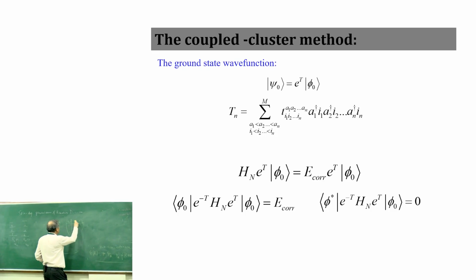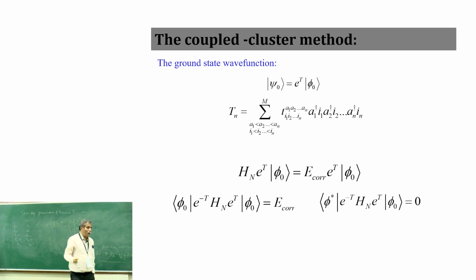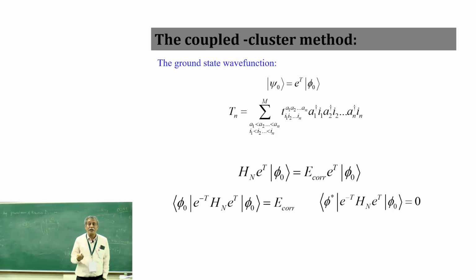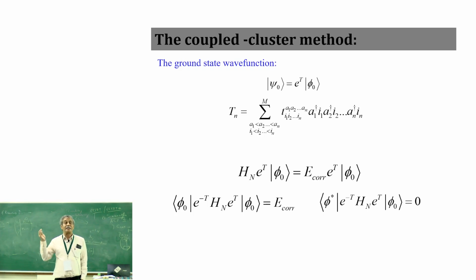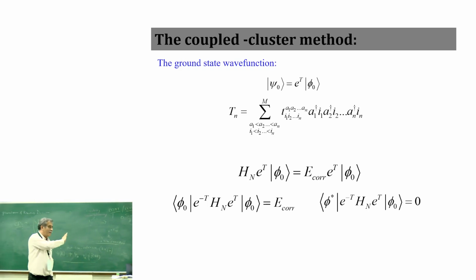These are determinants of singly excited states interacting with the Hartree-Fock through the Hamiltonian, and this is 0. Thankfully, this is 0, and this is the content of the very famous Brillouin's theorem. In fact, Brillouin's theorem is a direct consequence of the Hartree-Fock variation: the first order variation is 0.